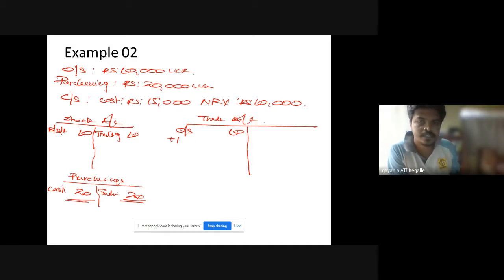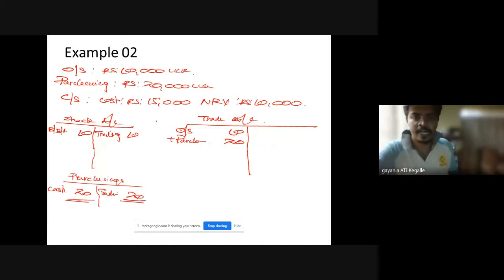Then purchasings. Sorry. Then we can physically identify the cost of this stock as 15,000 and net realizable value 10,000.